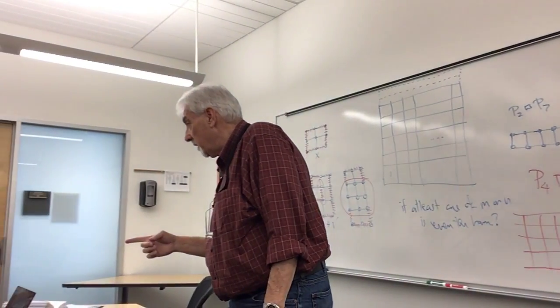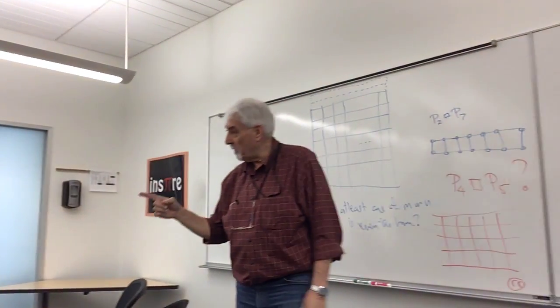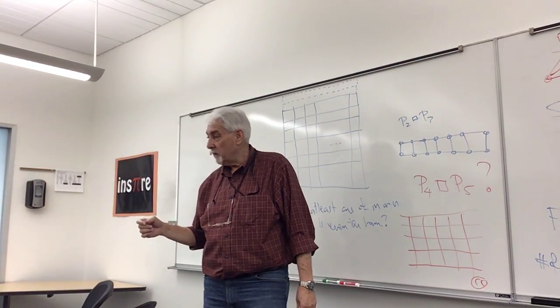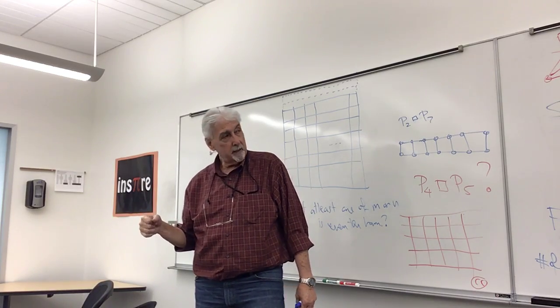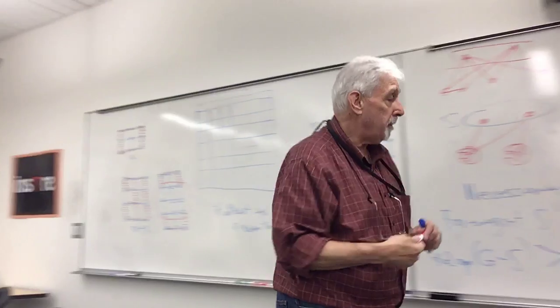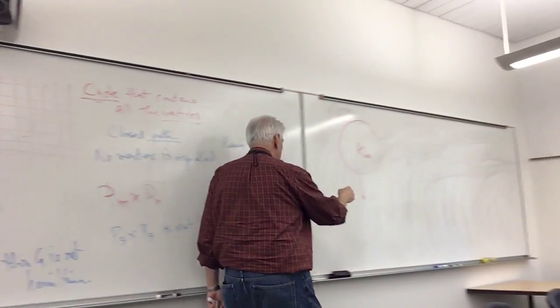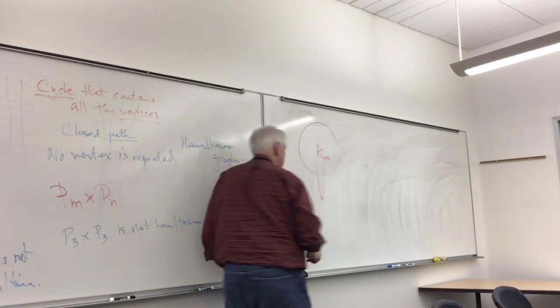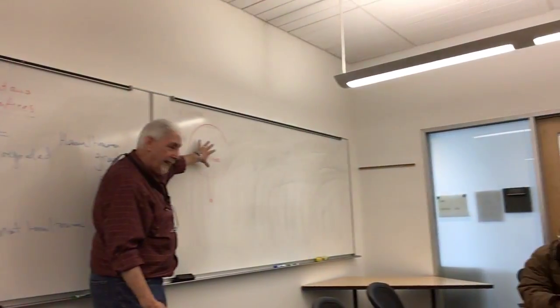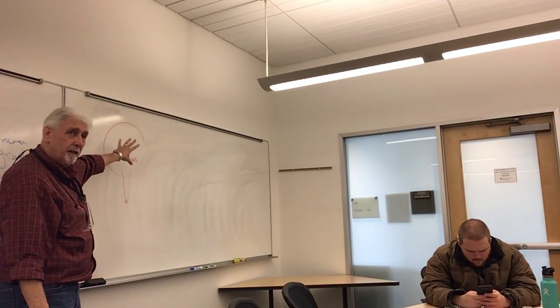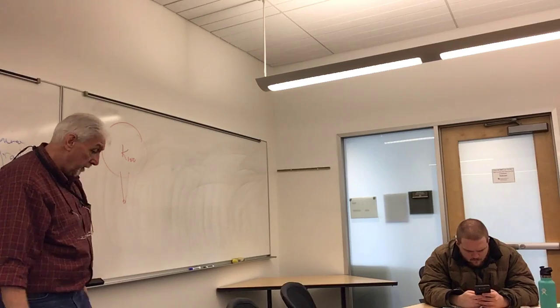No, why not? Because that vertex only has degree 1. You can only go out or in, never the other one. Okay, so this is not Hamiltonian. Is this Hamiltonian? Yeah, of course. Once you get in here, you can do essentially anything.